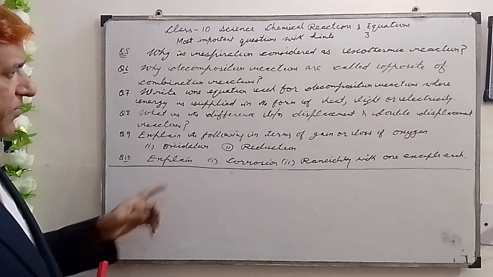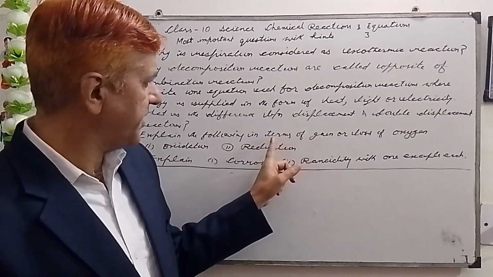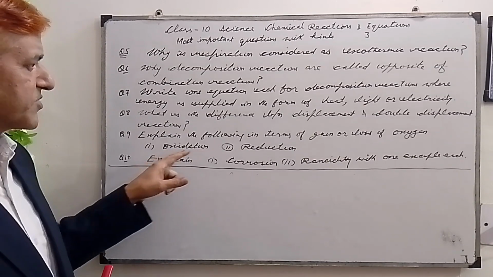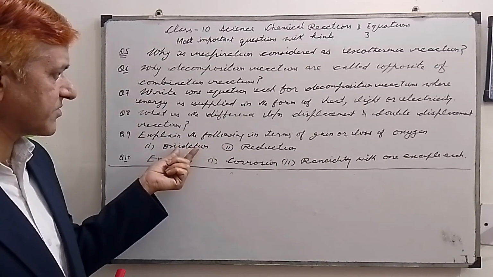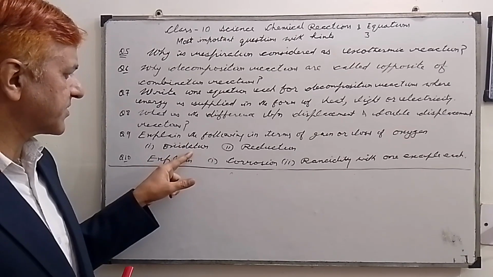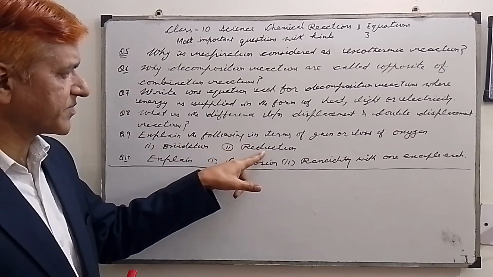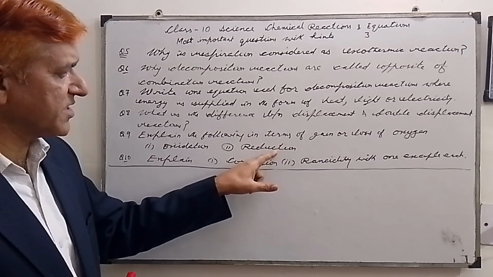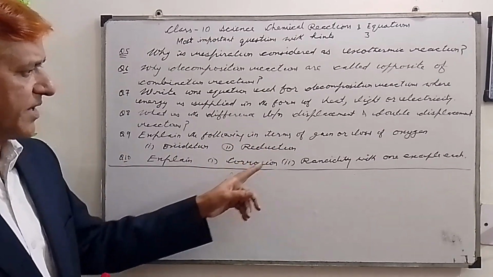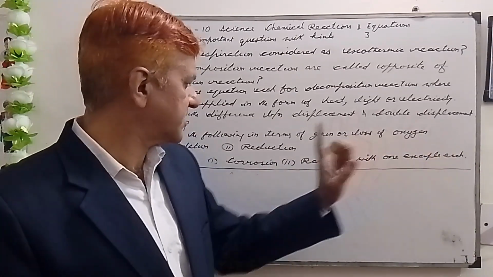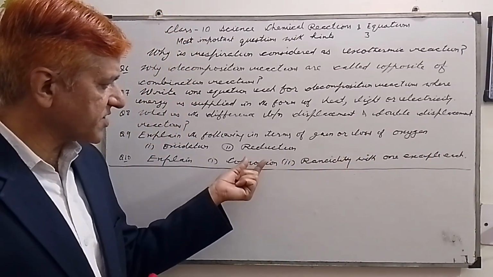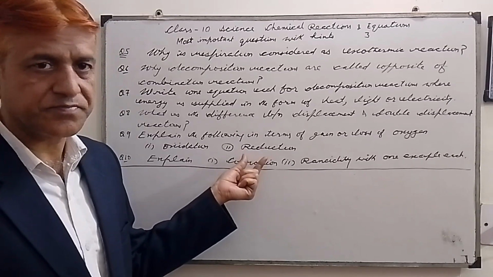And then explain the following terms in terms of gain or loss of oxygen. Gain of oxygen is oxidation, and loss of oxygen is reduction. Then explain corrosion and rancidity with one example each. Corrosion is, for example, oxidation of metals.